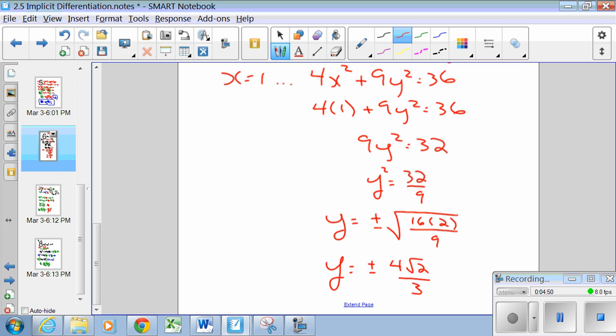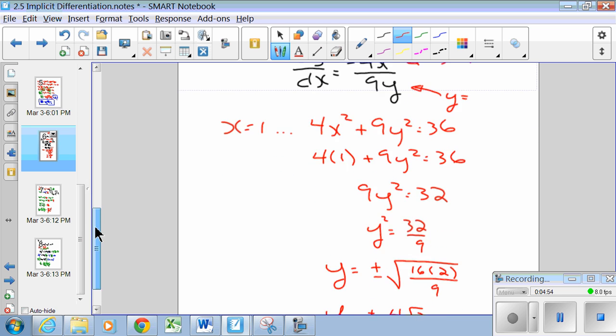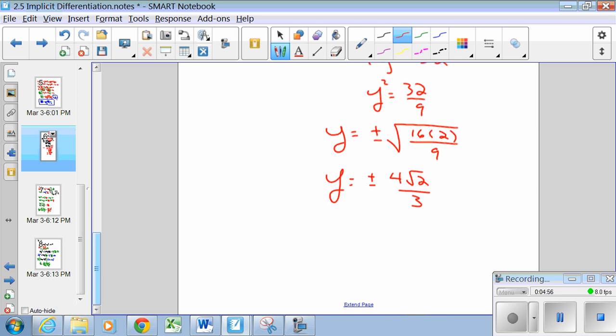So those are my y values. And I want to find the slope for each of those y values. So one point is 1 with 4 root 2 over 3. And my other point is going to be 1 with negative 4 root 2 over 3.